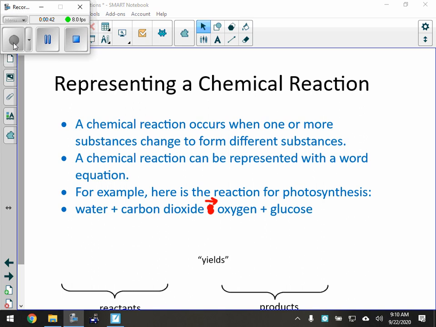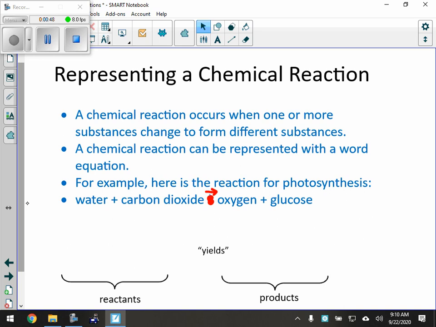A chemical reaction occurs when one or more substances change to form different substances. Remember we talked about yesterday the 5 clues that indicate a chemical change takes place: new substances formed, new colors produced, odor, bubbles. A chemical reaction can be represented with a word equation.